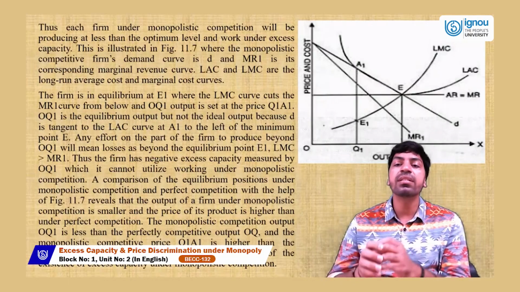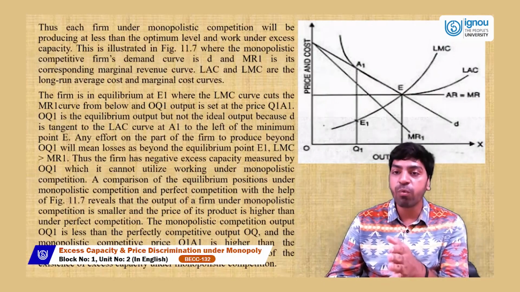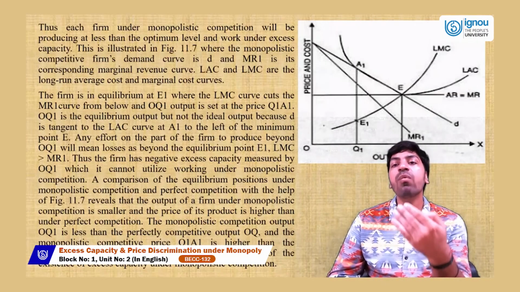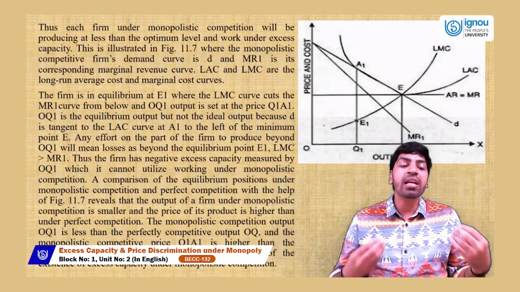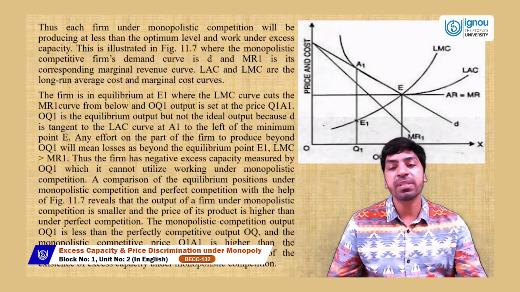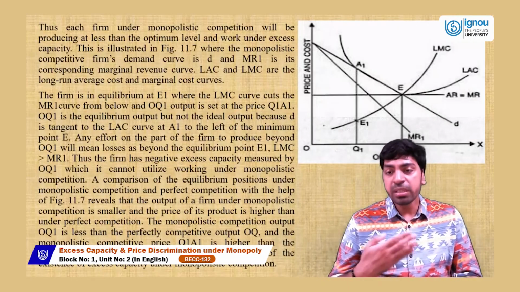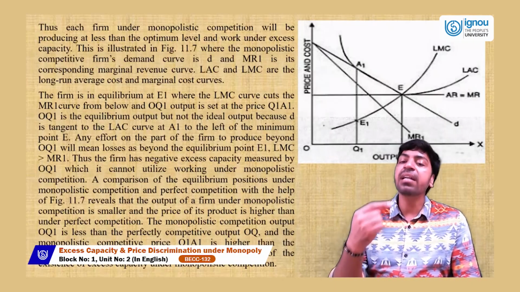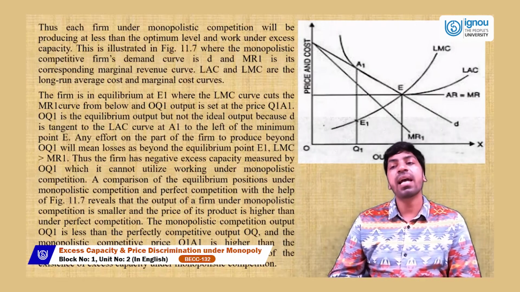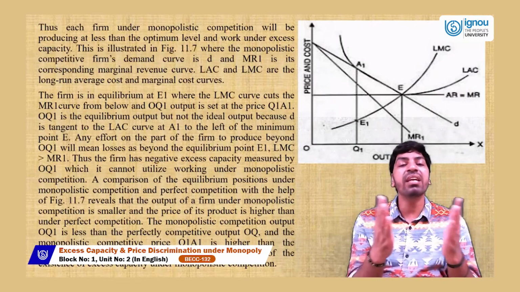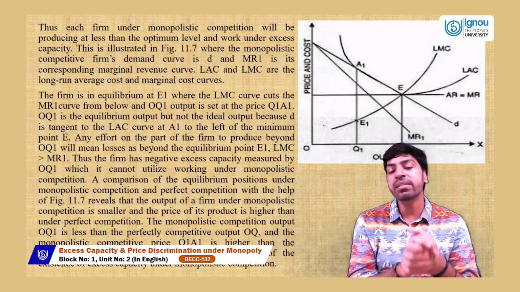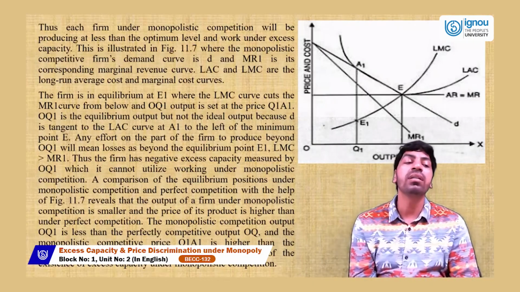The difference between Q and Q1, and with the equilibrium price QE to Q1 and E1, that difference is called the excess capacity, the unutilized capacity, due to which the quantity has been reduced but at a higher price. So this is how the framework of excess capacity works and how you show the difference of excess capacity in this particular diagram.